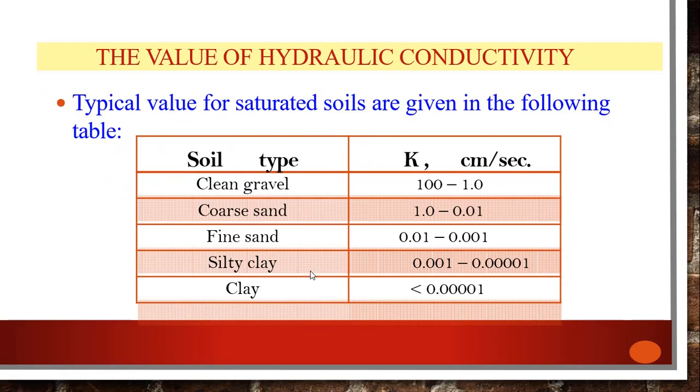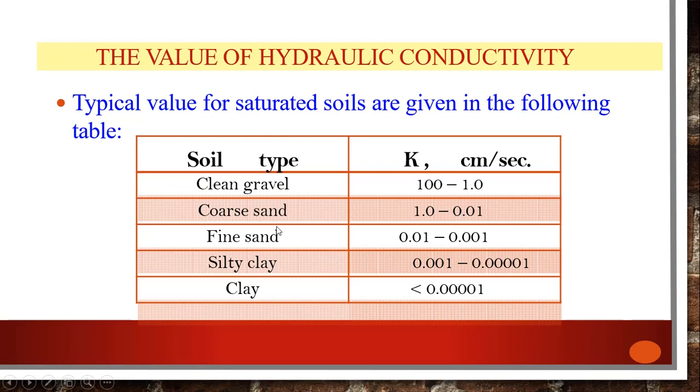So basically these are the typical values for saturated soil, which give the soil type and coefficient of permeability in centimeter per second. If the soil type is clean gravel, the permeability will be 100 to 1.0. If the soil is coarse sand, permeability is 1.0 to 0.01.